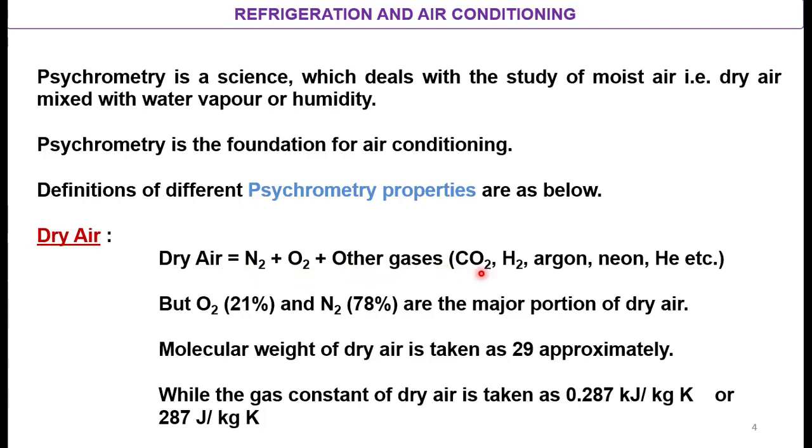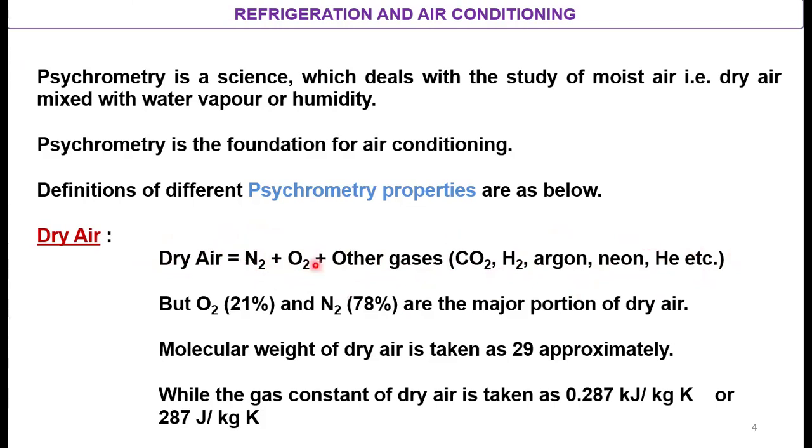The other gases are carbon dioxide, hydrogen, argon, neon, helium, and so many other gases which are present in the air. Isn't it? So based upon this line where I am highlighting now, we can define dry air as nothing but a mixture of various gases present in the air. All the gases which are present in the air, that mixture is known as dry air.